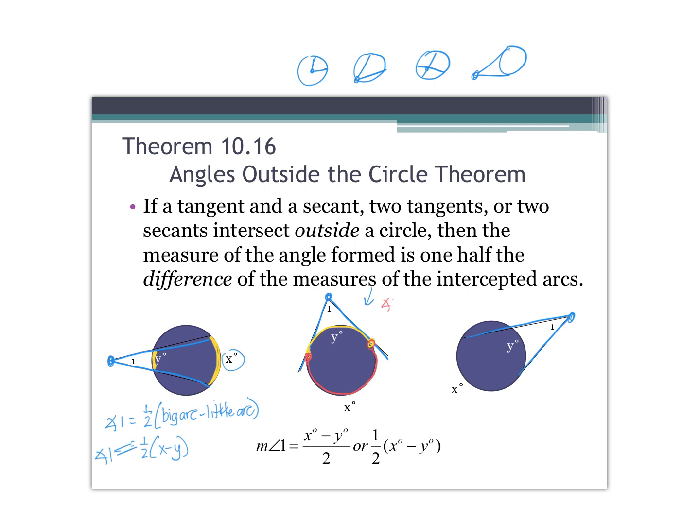Angle 1 equals half of the big arc, which is X, minus the little arc, which is Y. And lastly, if you have a tangent and a secant line, same scenario, you end up with a big arc X and a little arc Y. So you know that angle 1 is going to be half of X minus Y. So again, I do it as big arc minus little arc.